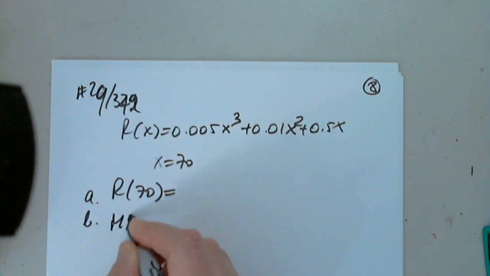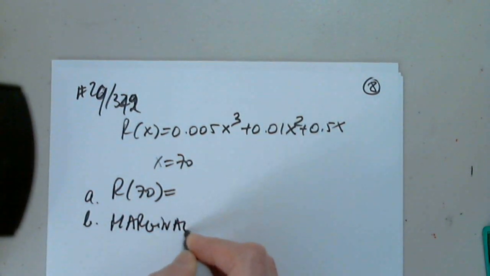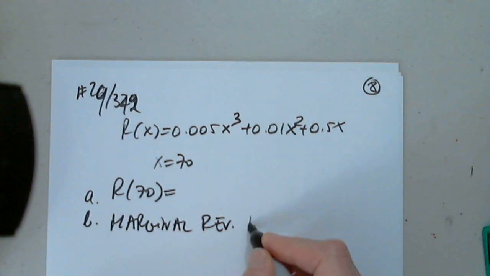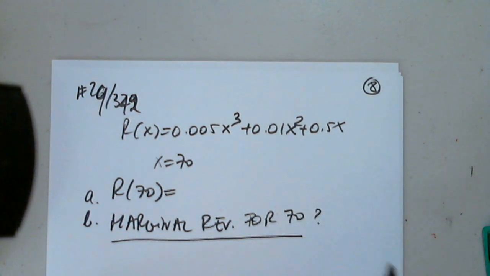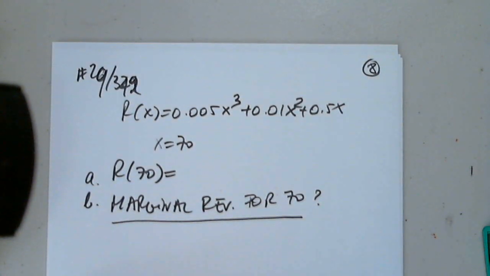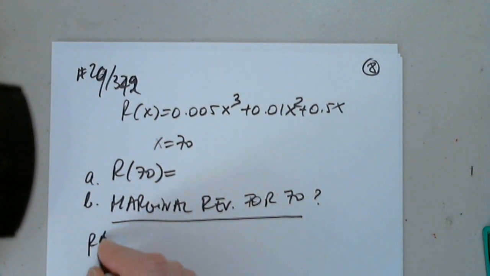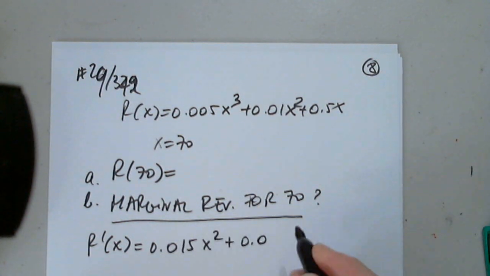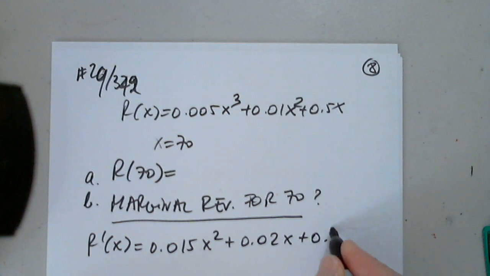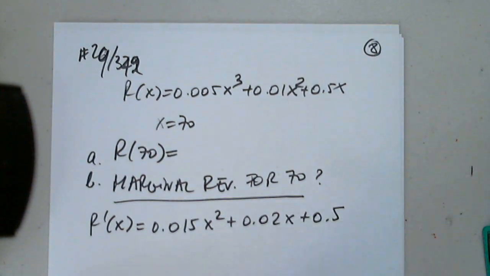The marginal revenue for 70 is determined how? What do I need to find first? The derivative, yes. So R prime equals 0.015 x squared plus 0.02 x plus 0.5. Perfect. So then the marginal revenue for 70 will be R prime of 70.